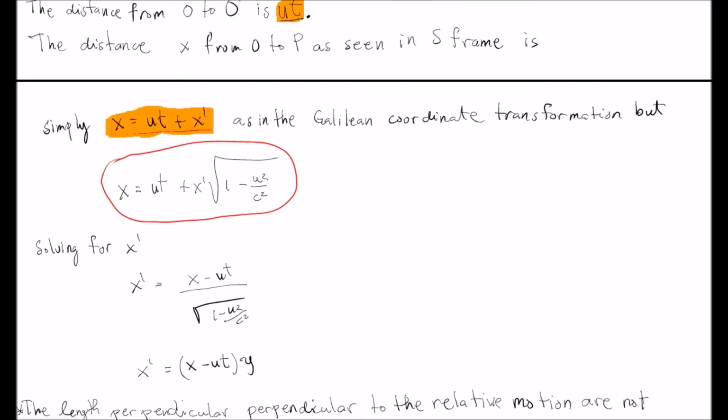But this moving frame moves close to the speed of light, right? So we consider length contraction here. Instead of expressing it as x equals ut plus x prime, which is for the Galilean coordinate system, we will express x as ut plus x prime times the square root of 1 minus u squared over c squared.